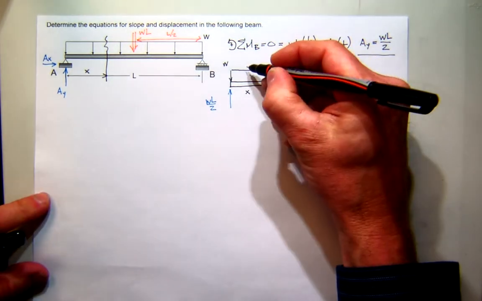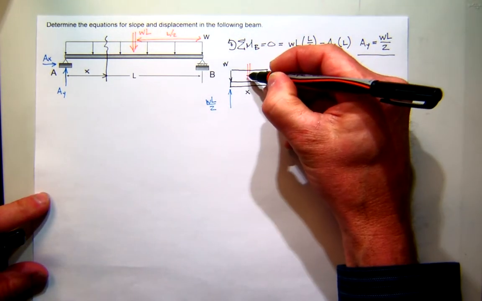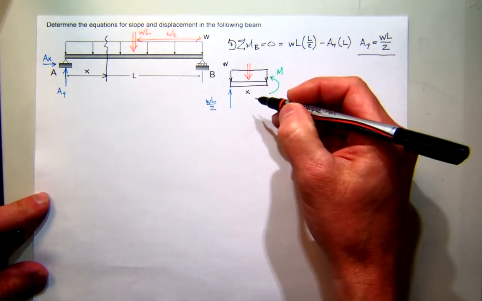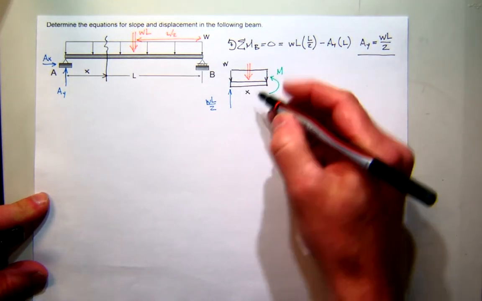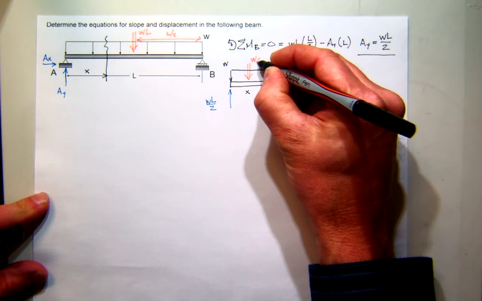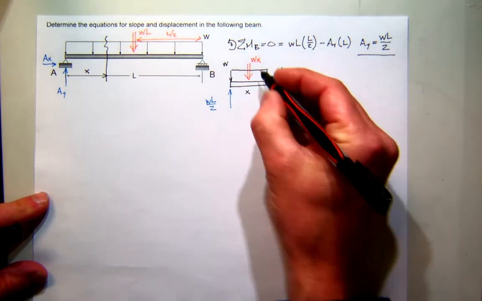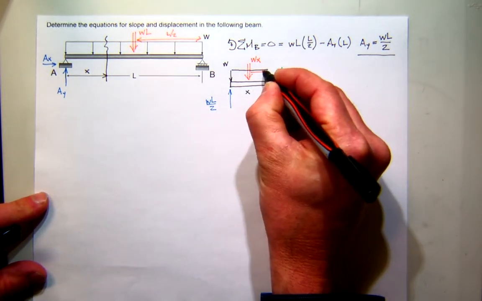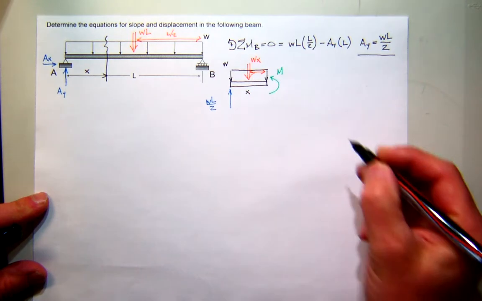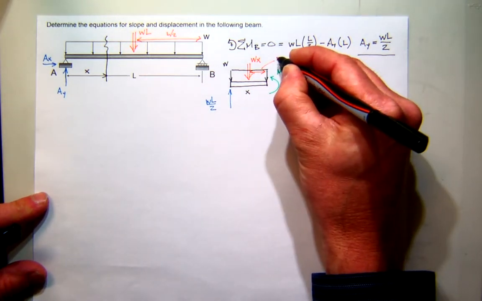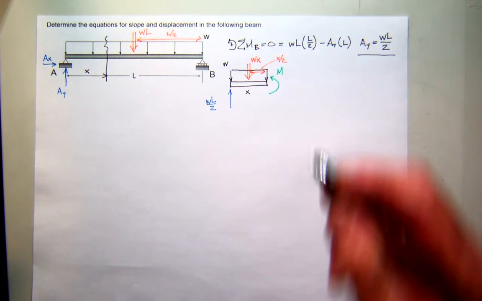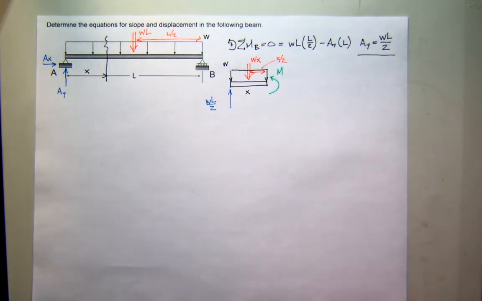So what's our concentrated equivalent force here? Still the area under the curve, which is height W, length x. So we now have a variable force. And what's the distance to the centroid from the cut? Yeah, the length divided by 2, in this case, x over 2. So far, so good?